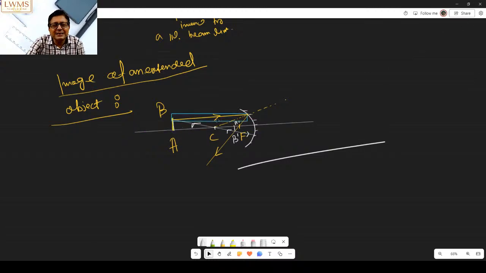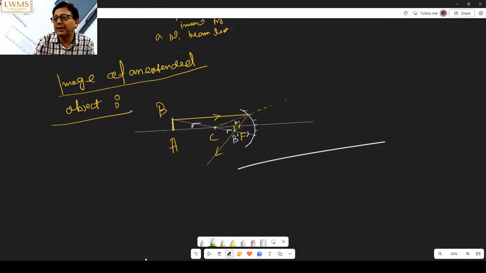So what I did there: a ray sent parallel to the principal axis will pass through the focus. Send a ray through the center of curvature, it will retrace its path. Where they intersect, from there I have drawn a perpendicular. This is the image now.